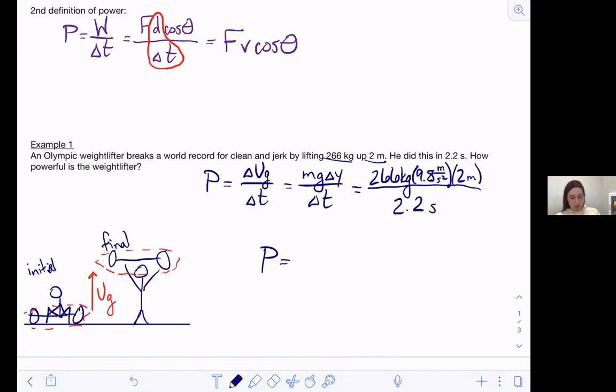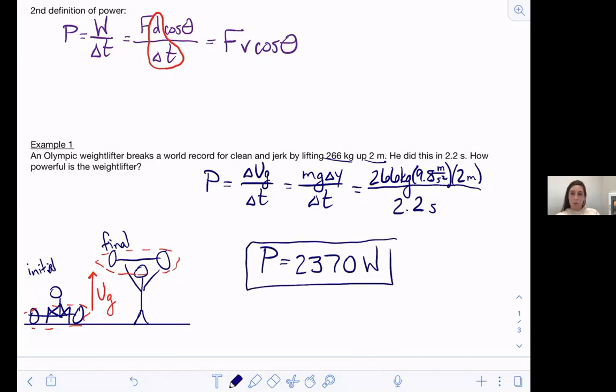So let's plug all of that into our calculator. 266 times 9.8 times 2, and divide that all by 2.2. And what we end up getting is 2,369.8, which I am going to round to 2,370.